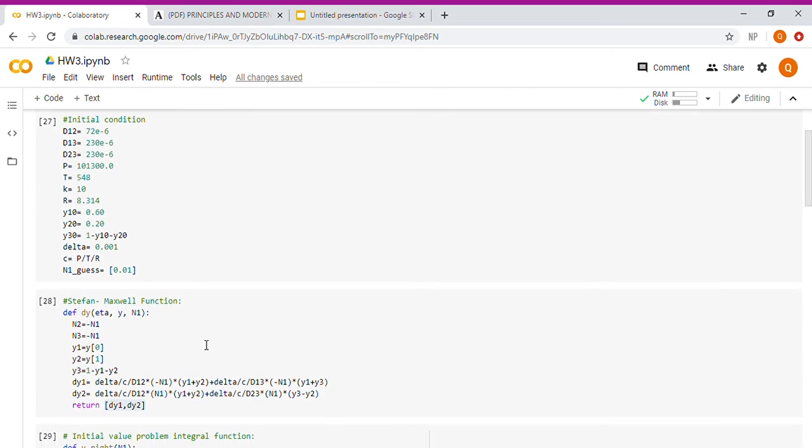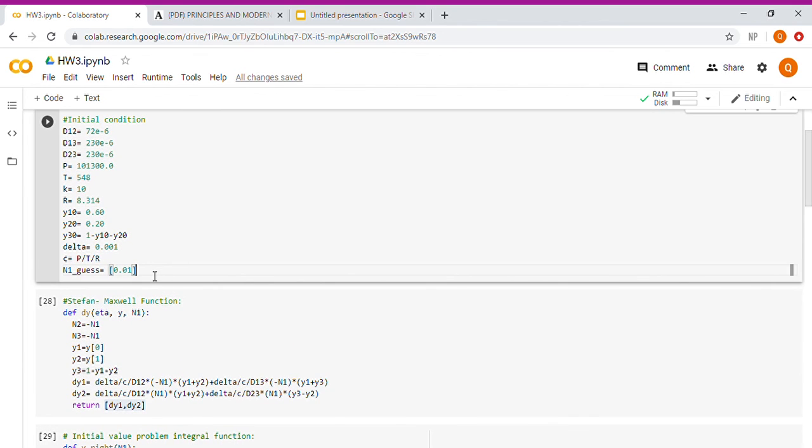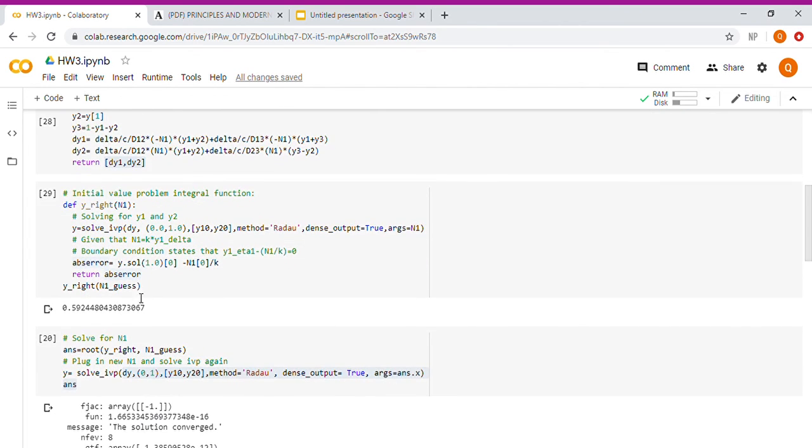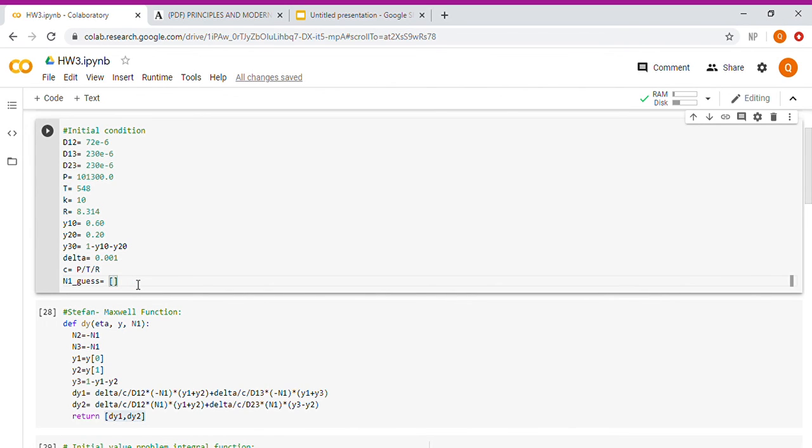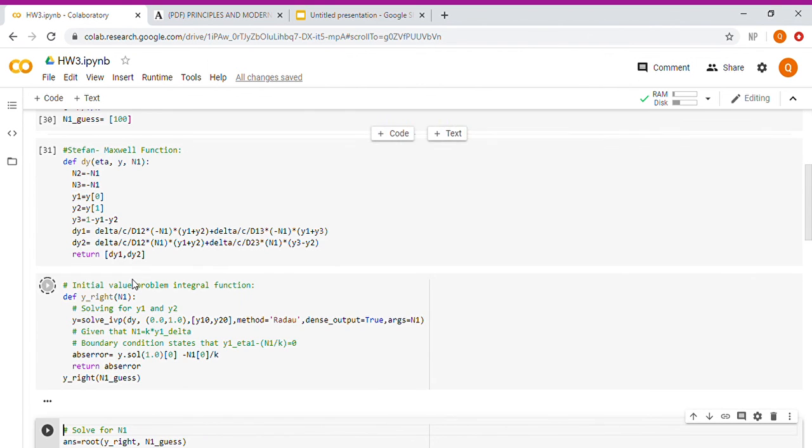It is very important to make the right guess at the beginning because, as I said right here, the abs error value is expected to be 0. So if I choose the value of N1 guess to be 100, for example, then the value for the abs error would be -11, which is way too far from 0.